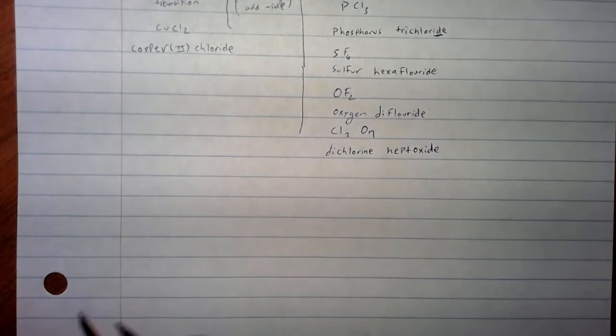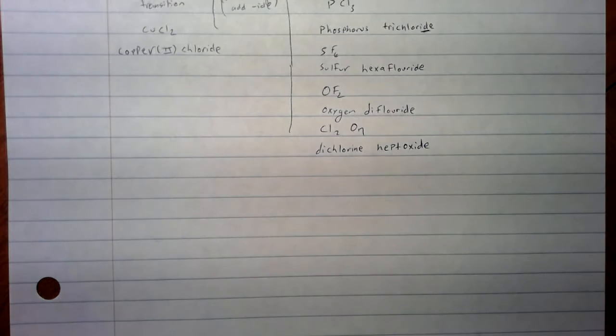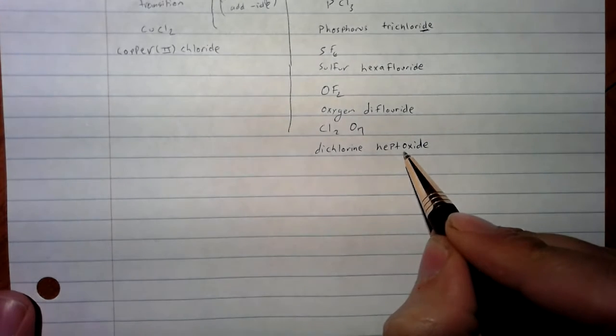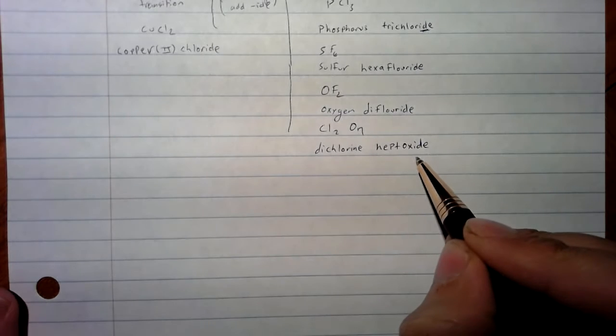Now, be careful with the prefixes. If you're looking at a list, you'll see prefixes like hexa, hepta, penta, but you wouldn't say hexa-oxide.